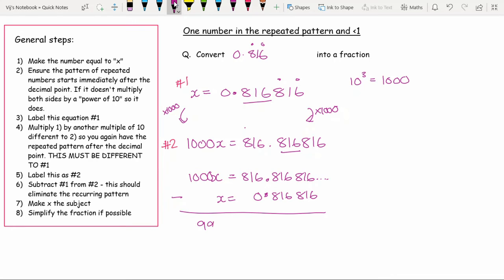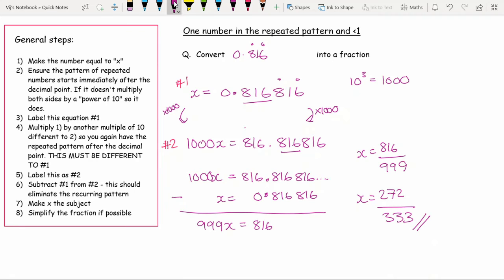So I've got 999x equals 816. So x equals 816 over 999, and then you ask yourself, does that simplify? The answer is yes, it simplifies to 272 over 333, and there is your final answer.